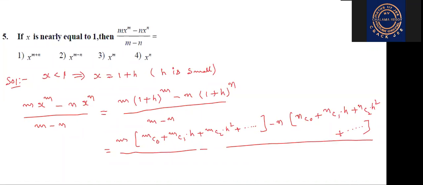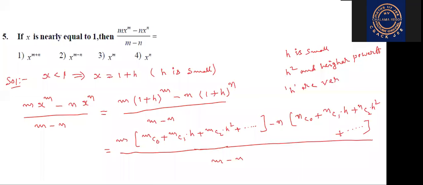Go to the denominator. What is there? m minus n. Here h is small. H is small, so h square and higher powers of h are very small. Those values I am going to neglect.